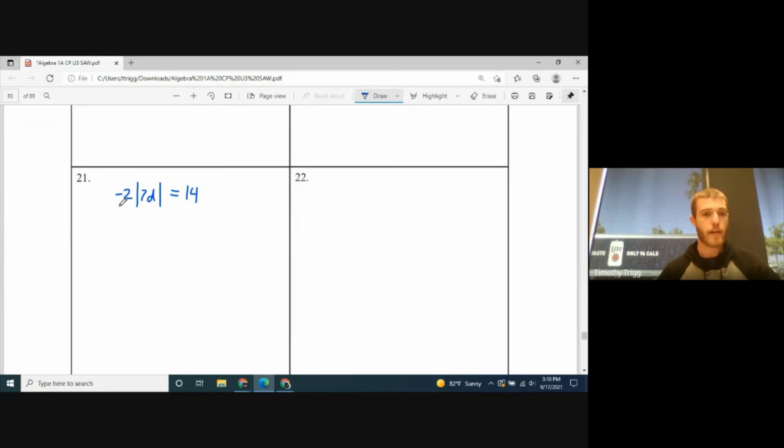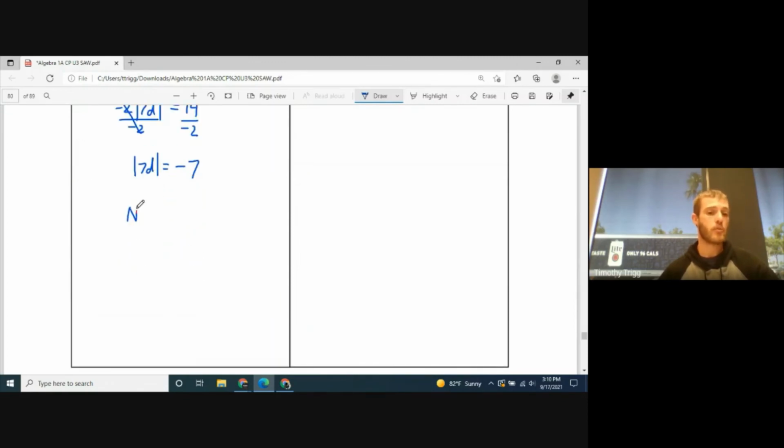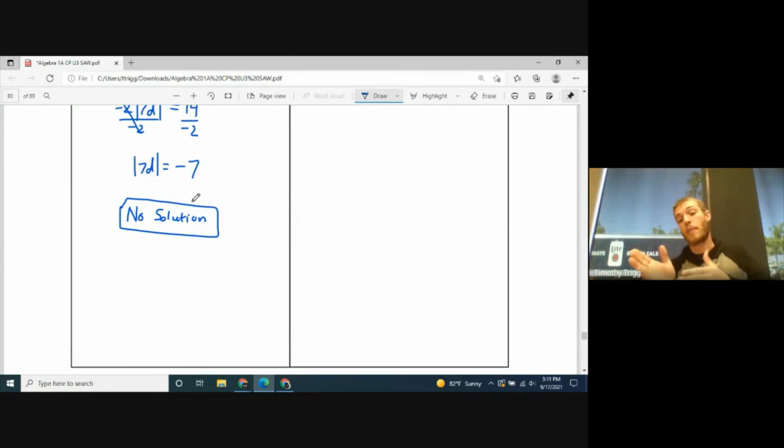If I divide both sides by negative 2 to cancel that out, here we have the absolute value of 7d equals negative 7. So here is our first one that says no solution. The reason this one has no solution is because you have the absolute value equaling a negative. Remember what I told you in the beginning, an absolute value, no matter what you put in there, should always come out positive.